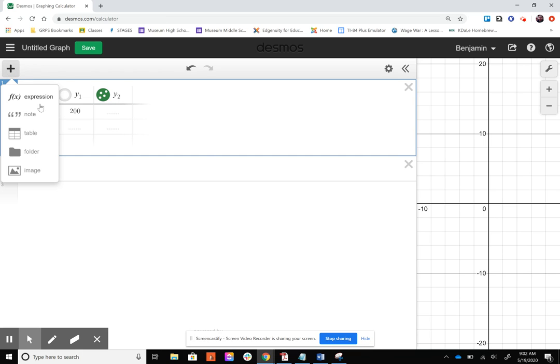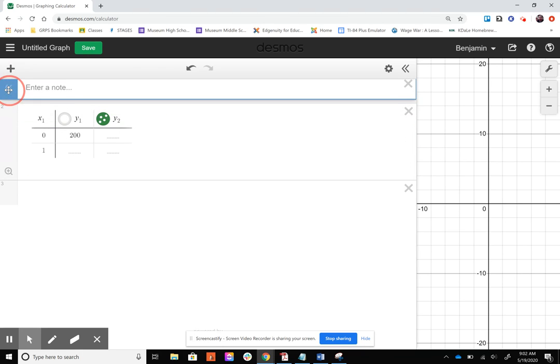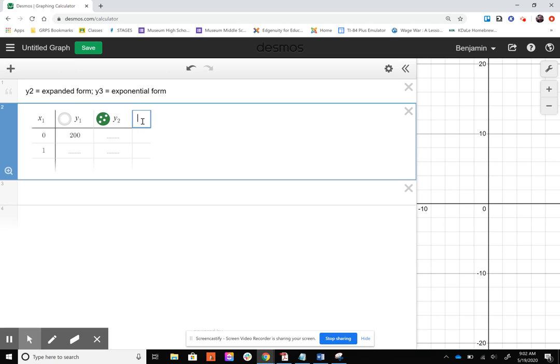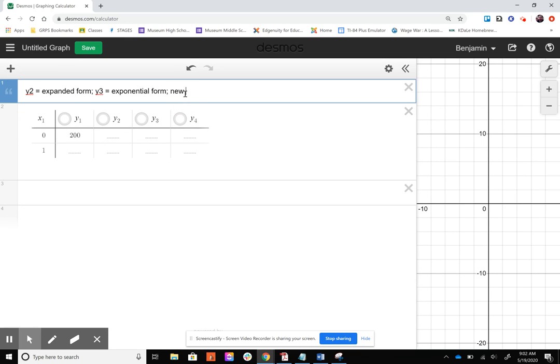And then what I'm going to do is I'll just make a note so that we know what that means. So y2 is expanded. And let's say y3 is exponential form. All right, so I'm going to make sure I put in a y3. Close these up, and then I'm going to put in a y4, and we'll call y4 our new balance.